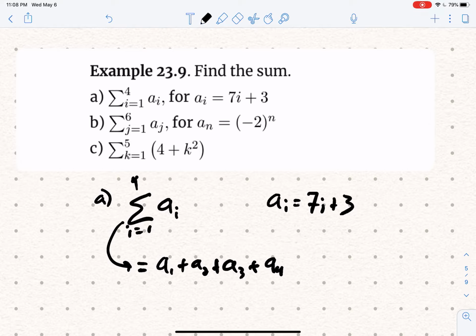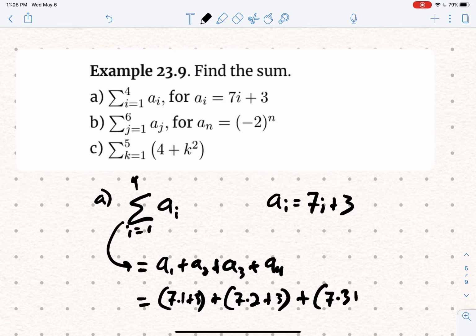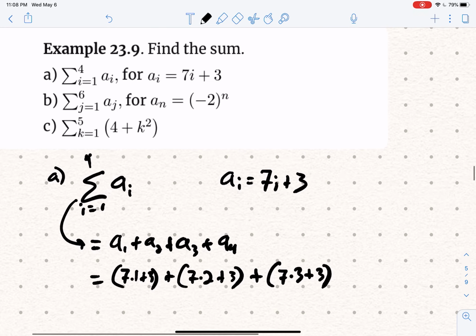So a_1 is equal to 7 times 1 plus 3. Plus a_2 is equal to 7 times 2 plus 3. Plus a_3 is 7 times 3 plus 3. And then plus a_4 is 7 times 4 plus 3.